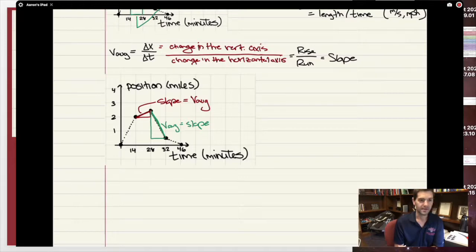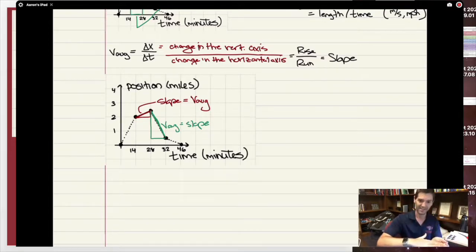The only thing I'll say is, notice how here we have to be a little bit careful about names. I think I even slipped up a little bit earlier when I almost said delta y over delta x, or rise over run, or y over x. Because I think we're used to, in a mathematics class, the horizontal axis is always x and the vertical axis is always y for whatever reason. But notice in this case it's a little bit switched around because now the axes have physical meaning.